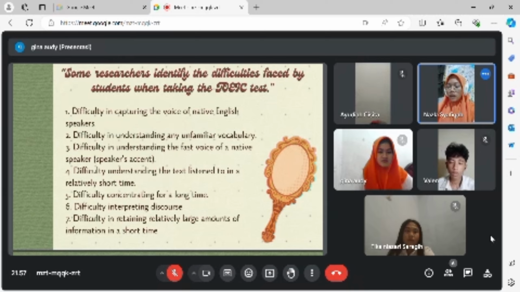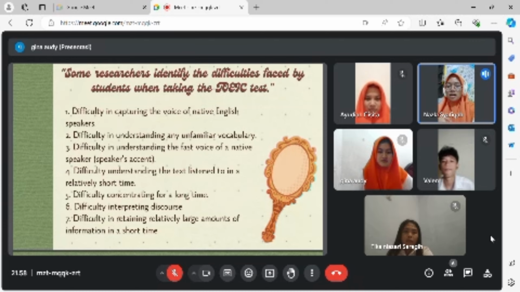The problem may be due to different accents. In English, there are several accents they use, for example American, British, or Australian accent.